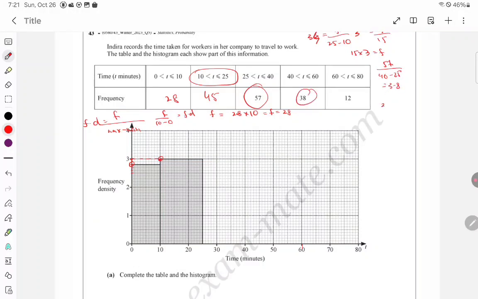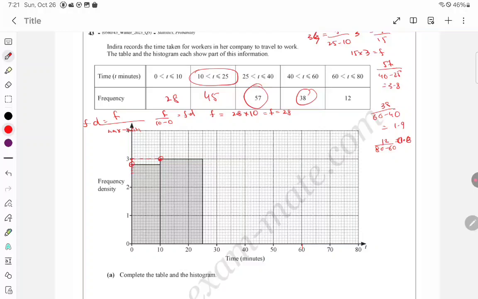For this one, 38 over 60 minus 40, we get 1.9, and for the 12 over 80 minus 60, we get 0.6.